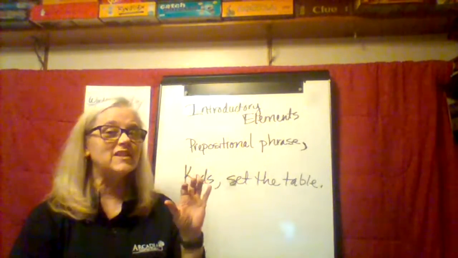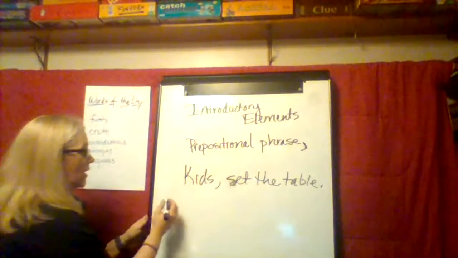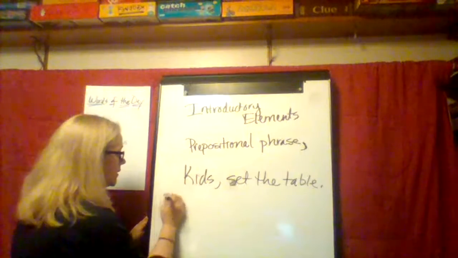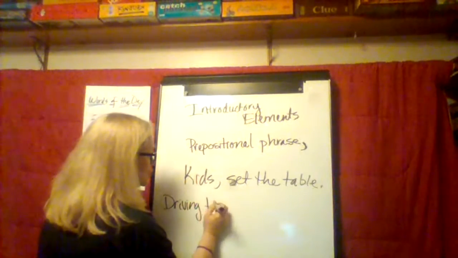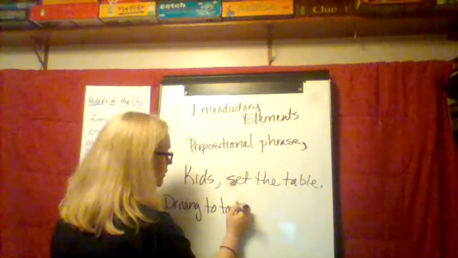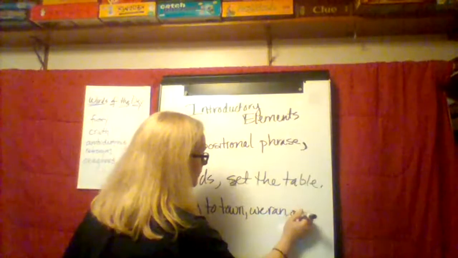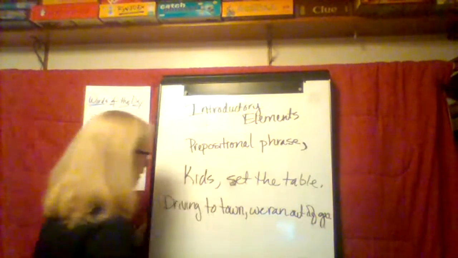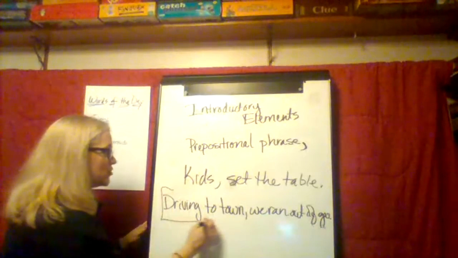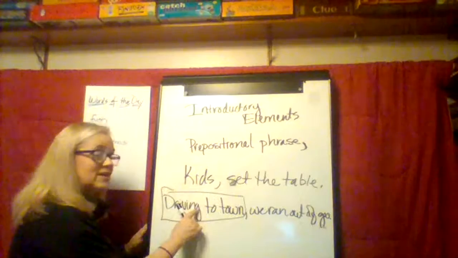That is a word that starts with an ing verb. So here's an example. Driving to town, we ran out of gas. So this is my introductory element, and this is a participial phrase.